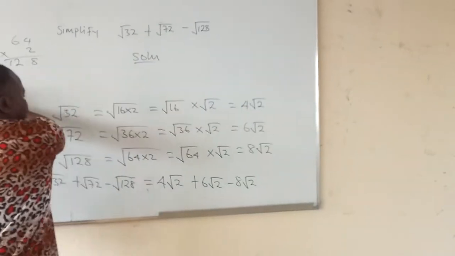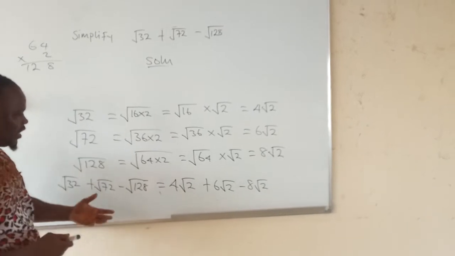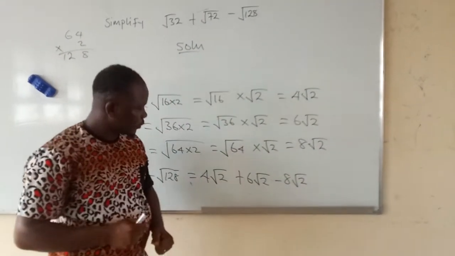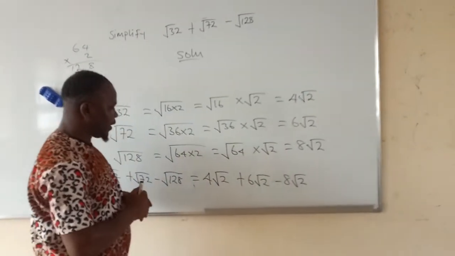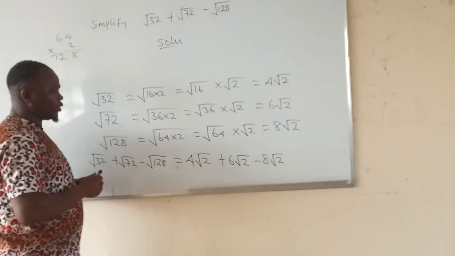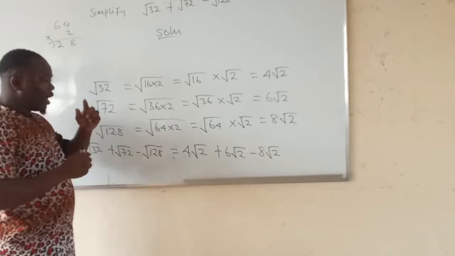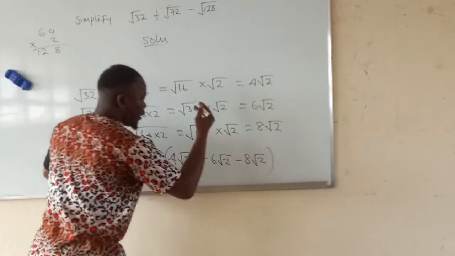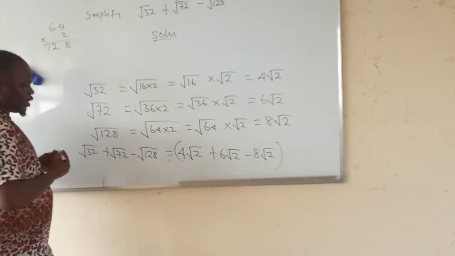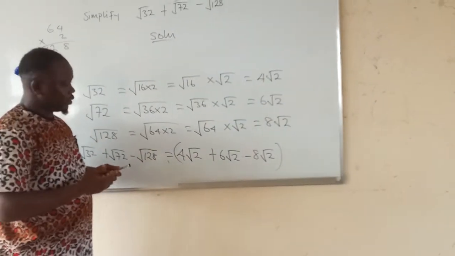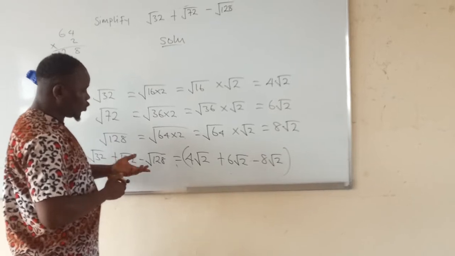If you agree with me to this point, are you seeing what I am seeing? If you can see what I am seeing, this implies that something is common here, in all three. If I were you, just bracket it. If you put a bracket, what is common inside this bracket is root 2, in all three. Root 2.